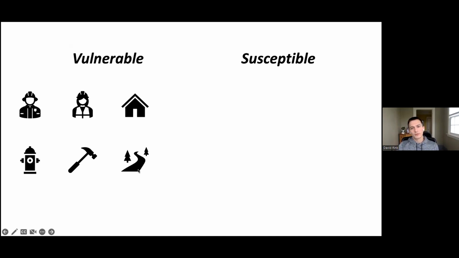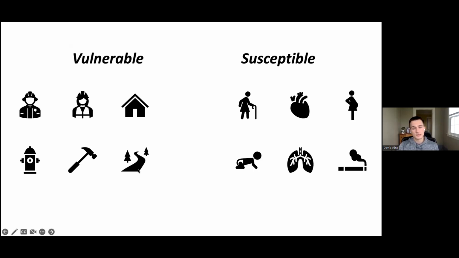Susceptibility, on the other hand, refers to that person or population's variation in response to an exposure. So certain populations may be more susceptible, that is more likely to have an adverse response to an exposure, due to their intrinsic risk factors. And these are things like age, comorbidities, and immune status. So we see that particularly in our children or elderly population, things like underlying cardiopulmonary disease, pregnancy, ongoing smoking, and others.